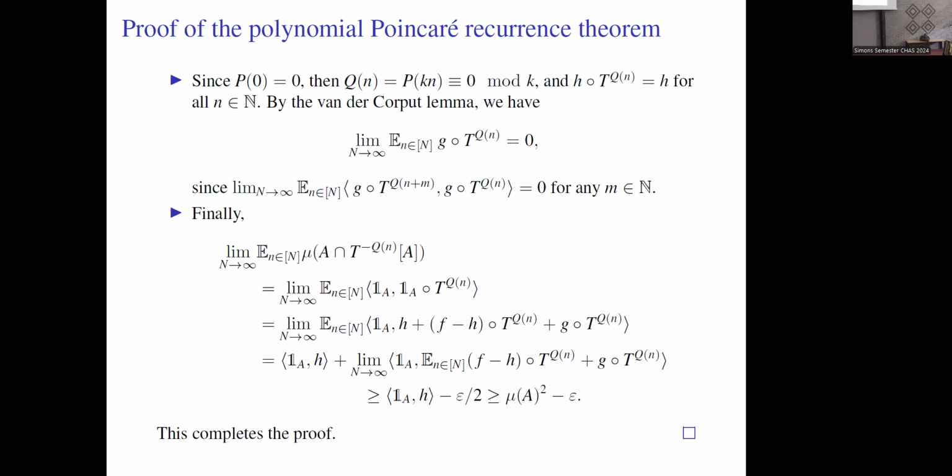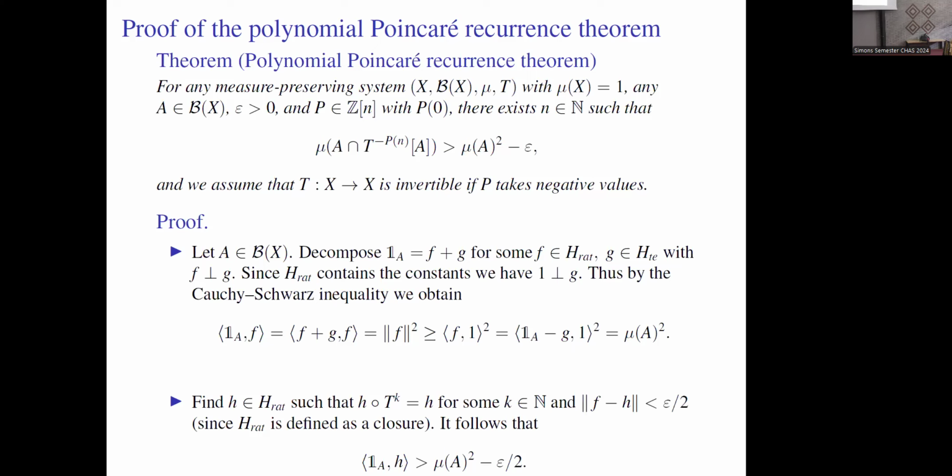And now, by the van der Corput lemma, we can deduce that this limit is 0 because now we have this identity. And of course we have this by the fact that G is taken from this totally ergodic component.